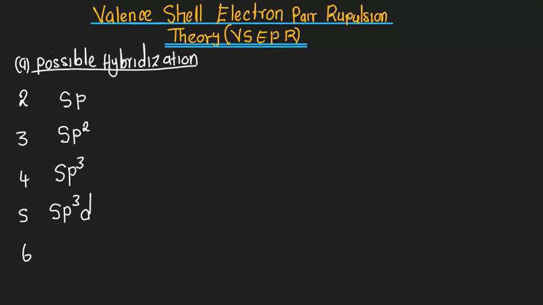Then on the sixth one, you're going to have SP3D2. These are the possible hybridizations, and they are very, very simple, so make sure you understand them.